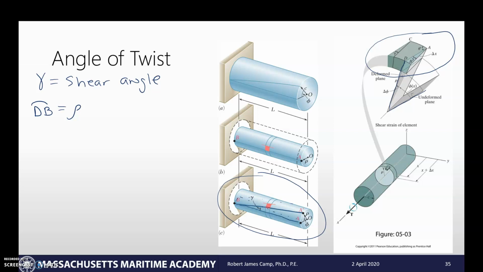But we need to define something else now, because there is going to be an angle on that flat face. If I look down here at the end of my shaft, you'll notice that between those two planes, we've got a little triangle that's formed. We have an angle between the two of them. We're going to define that angle, and as we continue our classical Greek education, this is uppercase phi.